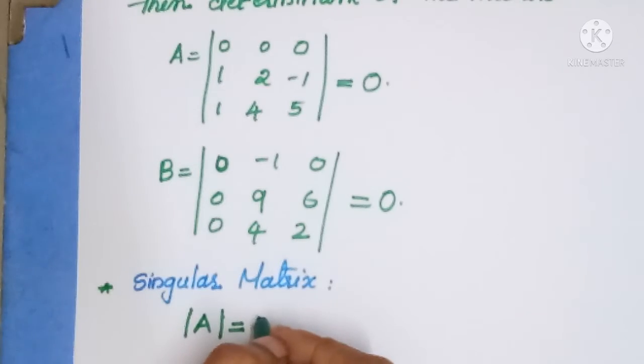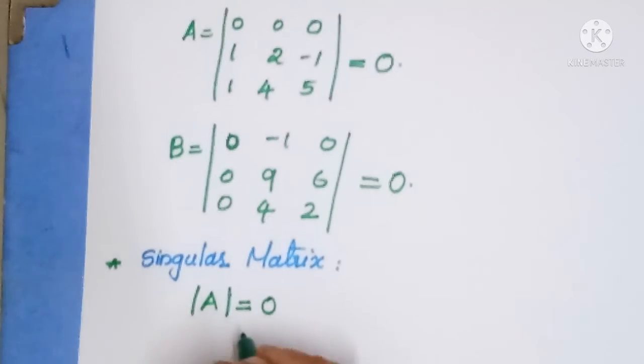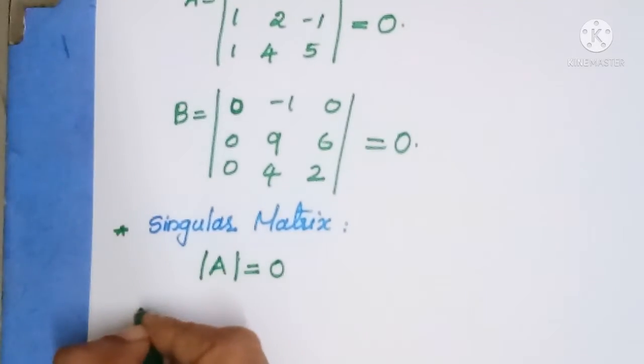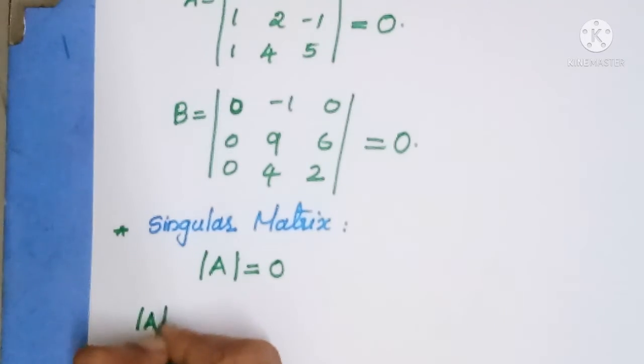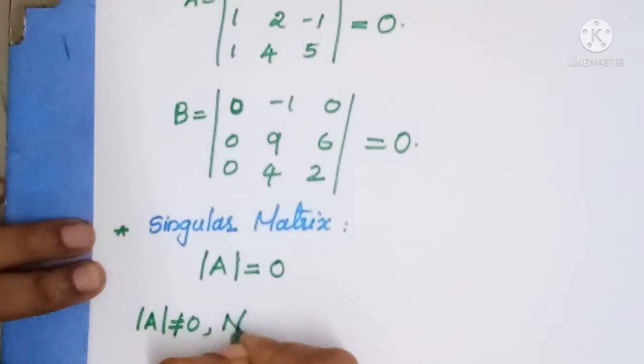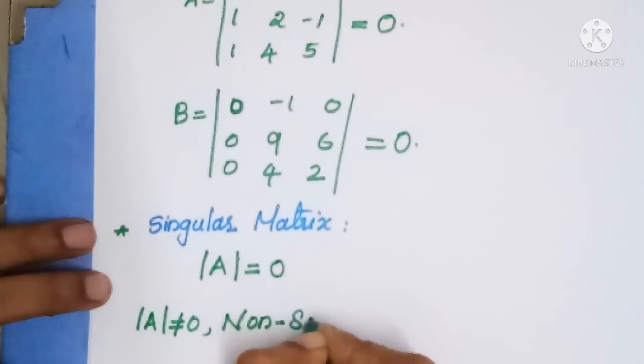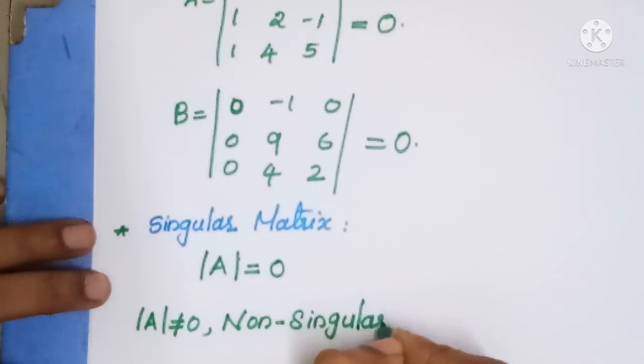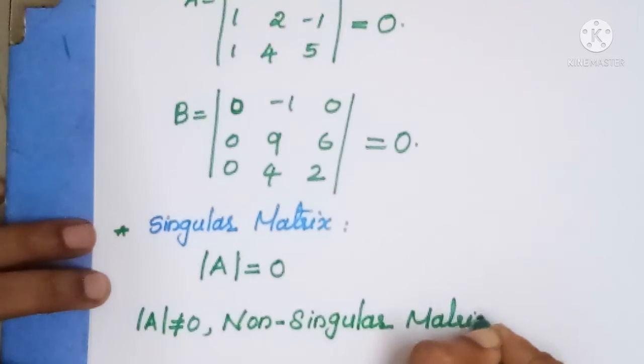What is the condition of a singular matrix? Its determinant should be equal to 0. Otherwise, if the determinant is not equal to 0, then we call that matrix a non-singular matrix. What is a non-singular matrix? The condition is determinant not equal to 0. What is a singular matrix? Determinant should be equal to 0.